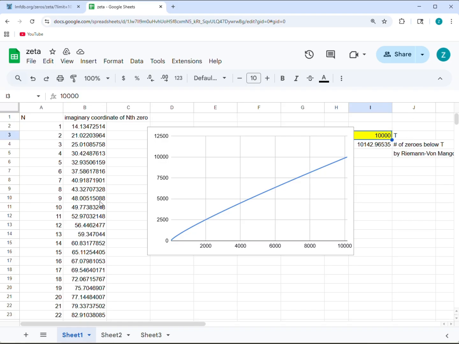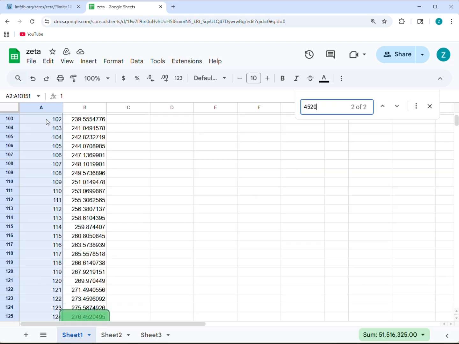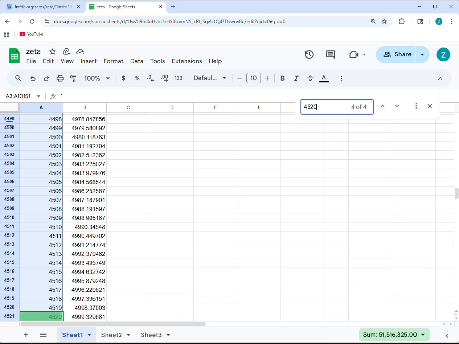And just to convince you it's not just something that happens to work for 10,000, let's plug in 5,000. And it says there should be 4,520 zeros of the Riemann zeta function below the height of 5,000. So I'm going to try to find the 4,520th zero. Okay, so it's right here.